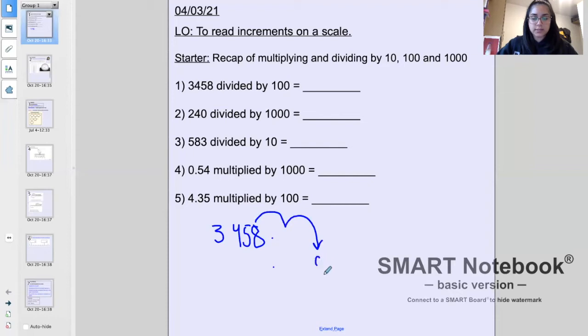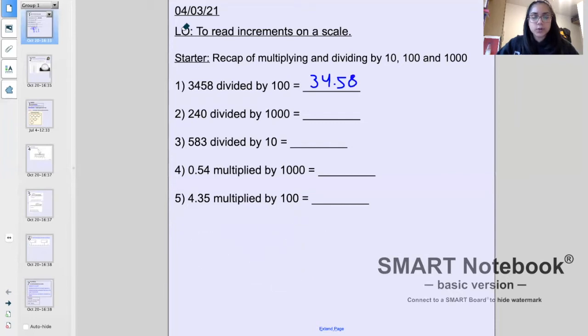So that's an 8 there. And then the 5 moves once and then twice here. The 4 will move once and then twice over here. And the 3 would go once and then twice, where the 5 used to be in the tens column. So we've got 34.58. Well done if you got that correct.